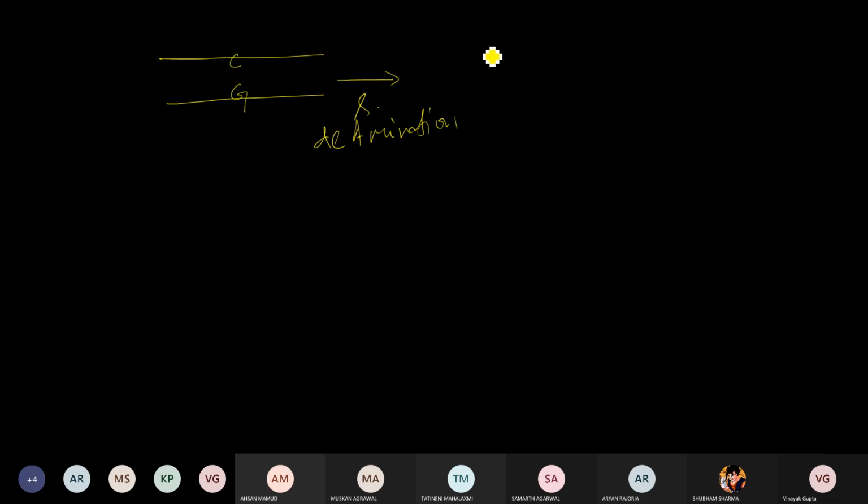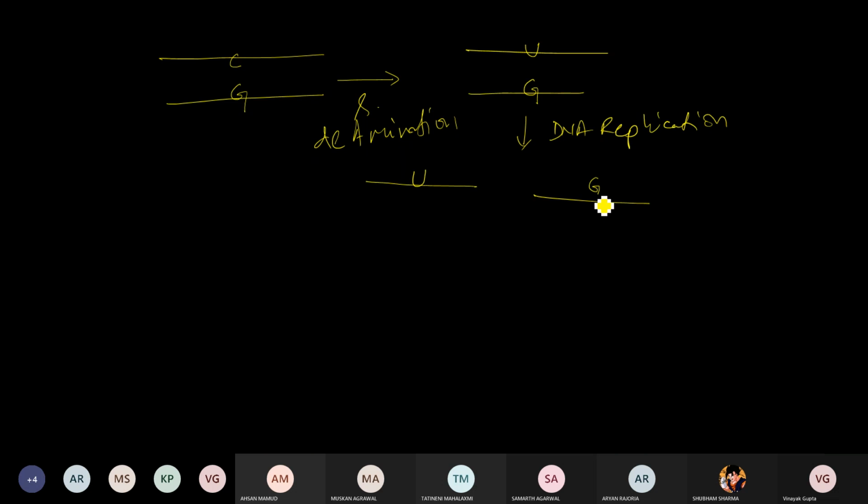So what it is going to do, you will be having U. Now let's say DNA is getting replicated. So this is the strand with U, and here this is the second strand with G.